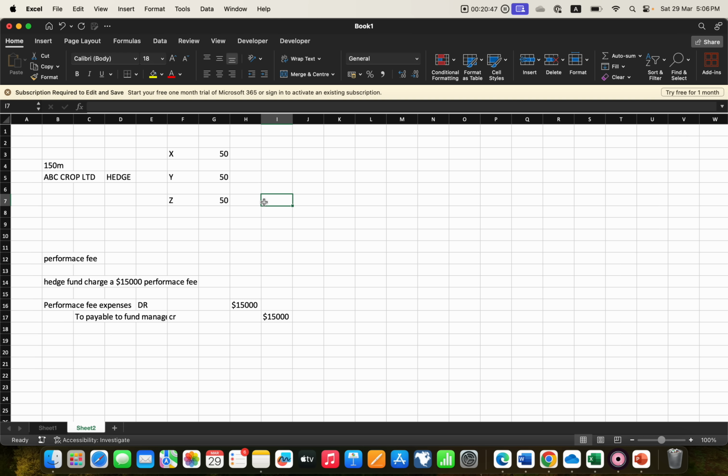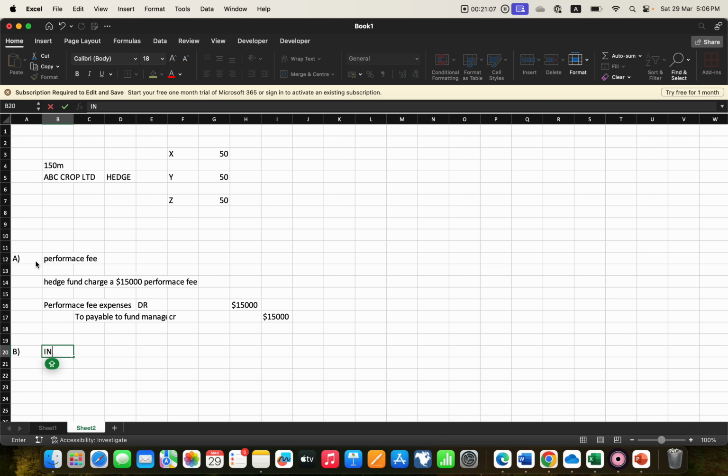Moving to the other entry, I note this point as A, because I need to prepare another entry. So this was the performance fee. The other entry is when the investor does the redemption.